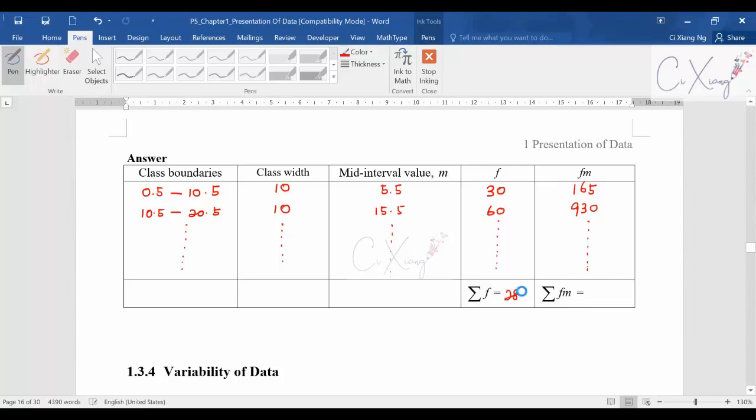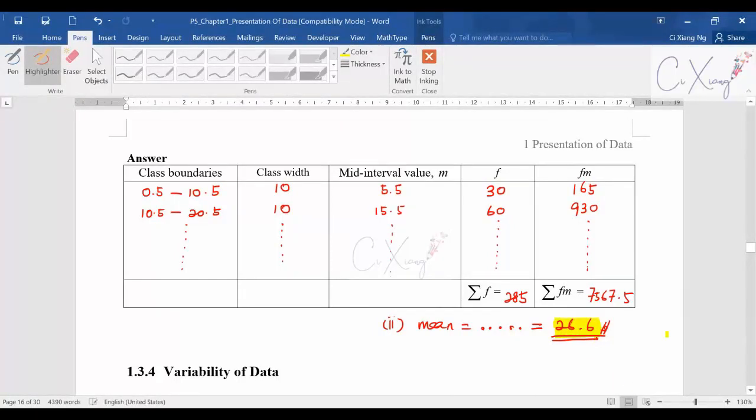So this part will be 285, and then this one you have 7567.5. After that, if you want to calculate the mean, I will just tell you the final answer. So the final answer should be 26.6. Please complete this table and try to get the mean, which is equal to 26.6.